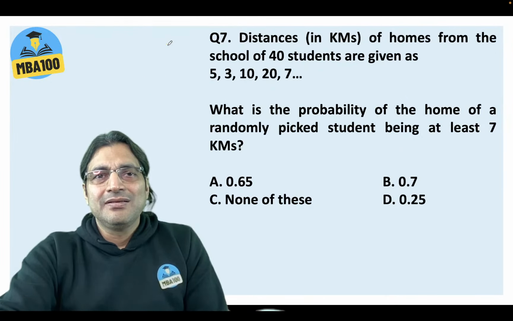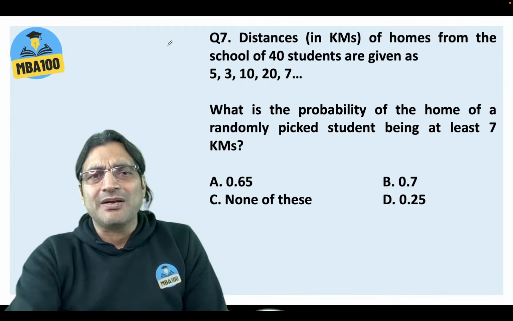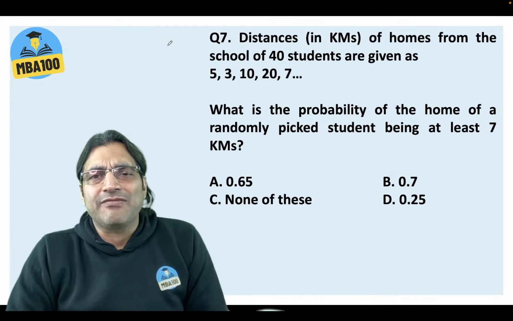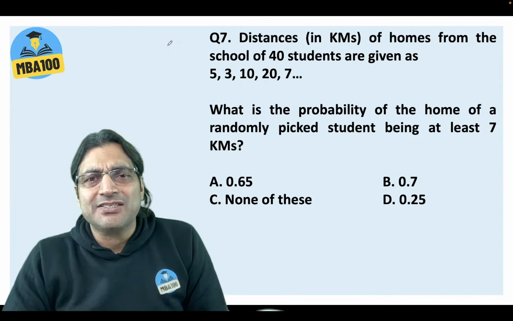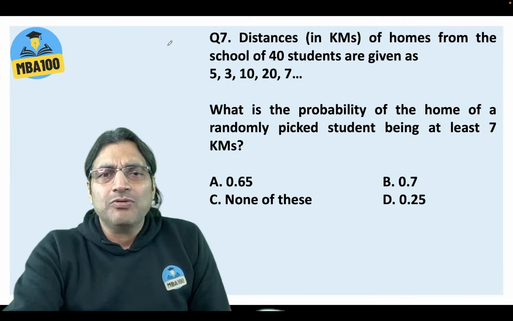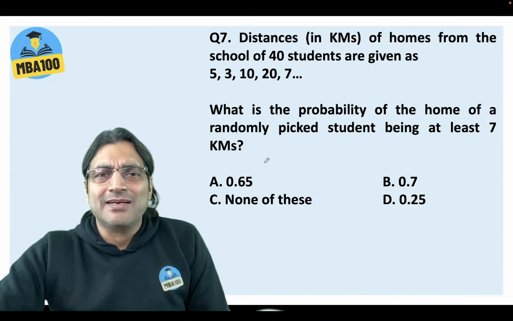Alright. Now, this also was one of the questions. And here, I do not remember what all numbers were given here, but ultimately you had to count the numbers which were at least 7. And I found the number of numbers which were at least 7 to be 30.